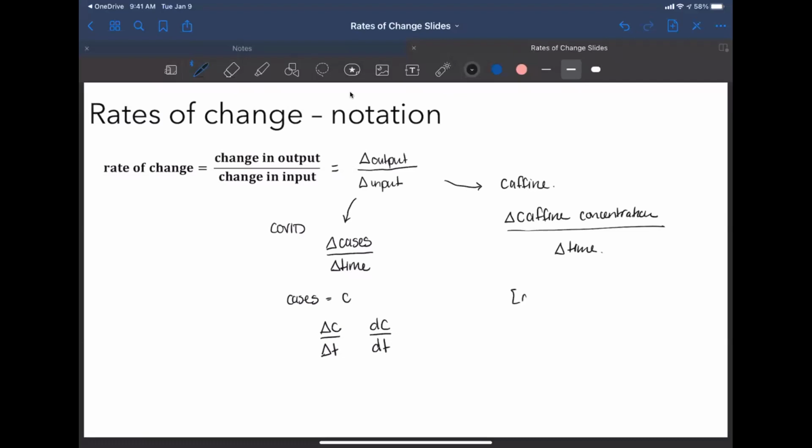If we say that caffeine concentration is equal to C, and we'll pretend this is capital C, that one was lowercase c, just to differentiate between cases and caffeine, again we would be looking at delta C over delta t, or at a single point in time, dC/dt.